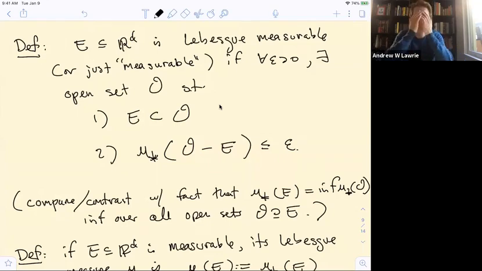I don't know. It might be the case that it might coincide. I'm not sure, but it sounds like it might be hard to prove other properties about measurable sets if I just take that as my definition.